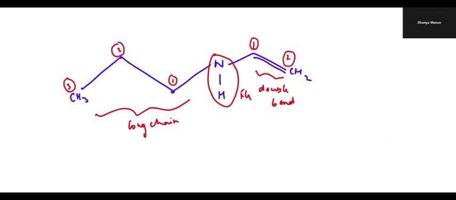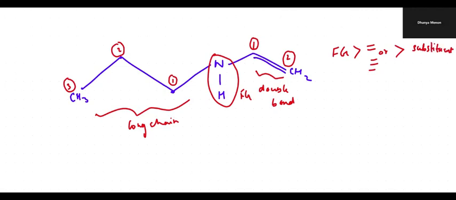So we are familiar with the rule that whenever there is a functional group, the functional group is preferred over double or triple bond, and this is preferred over substituent. We are already familiar with the rule.